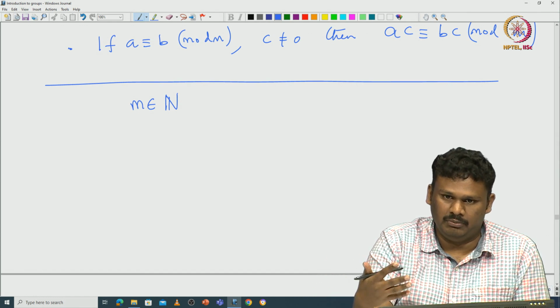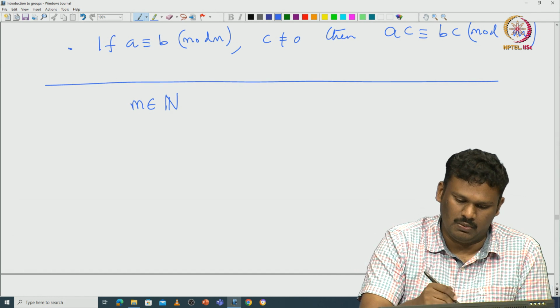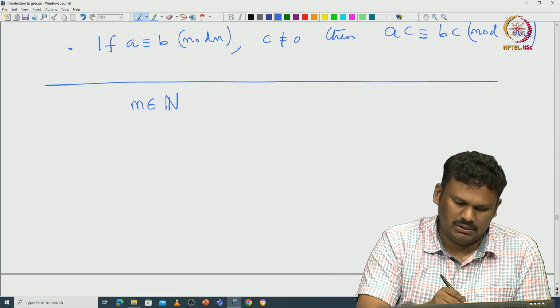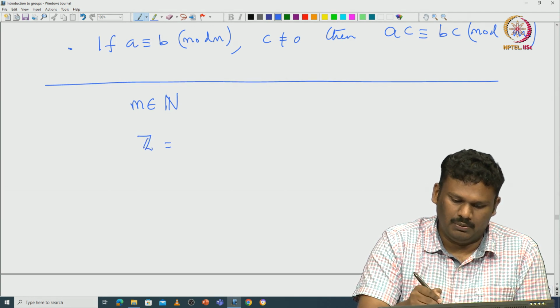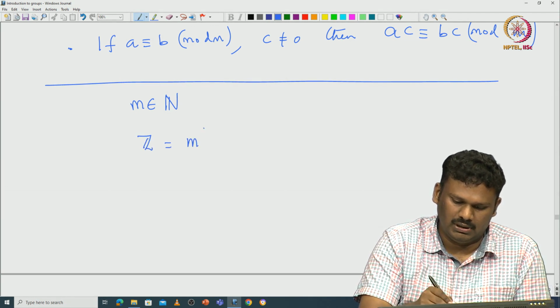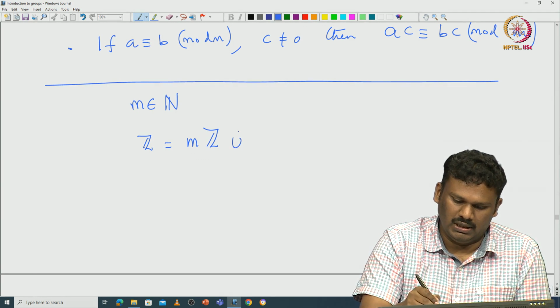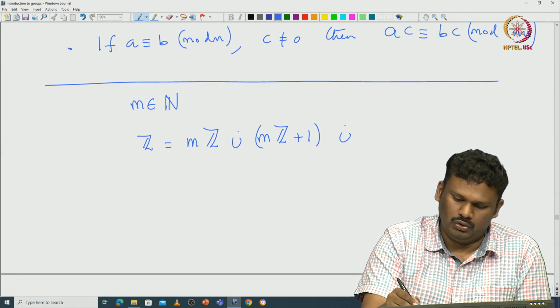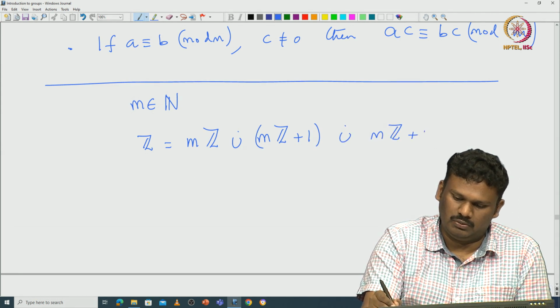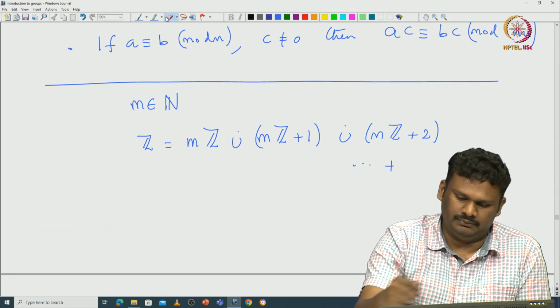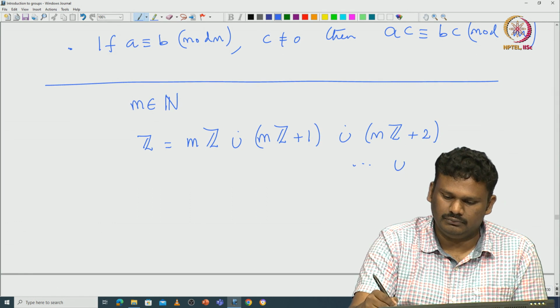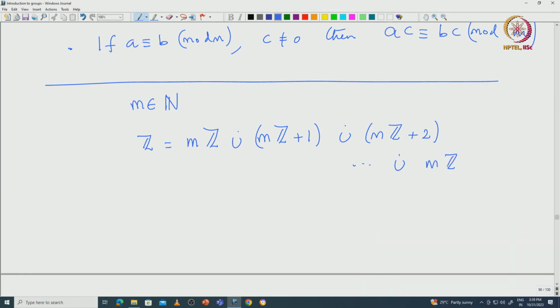There are many systems of residues you can talk about. What is the meaning of that? The meaning is that Z can be partitioned into mZ union mZ plus 1 union mZ plus 2 and so on, disjoint union mZ plus m minus 1.